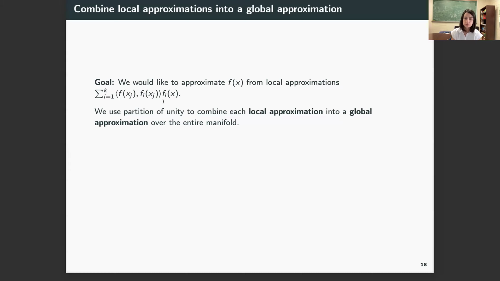If you think about it, psi j of x gives weighting such that it gives a larger number when we are close, so that this approximation in general would be a good approximation. It's within an epsilon.